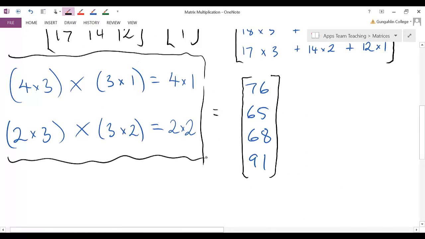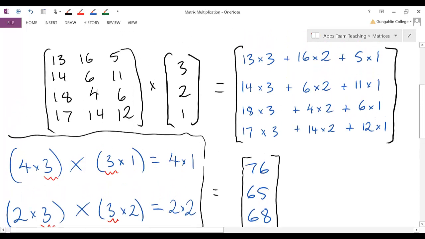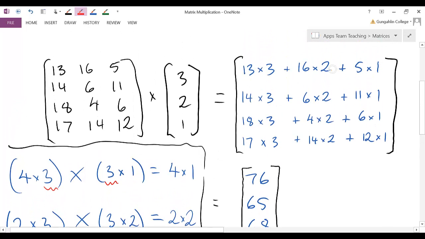Now have a look at this and let's see if we can notice a pattern. Notice in both these cases the number of columns in the first matrix is the same as the number of rows in the second matrix. In both cases we had 3 columns in the first matrix and 3 rows in the second matrix, and that's required because we need them to match up like this.